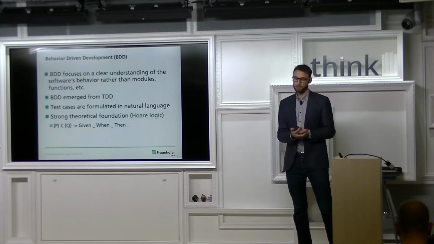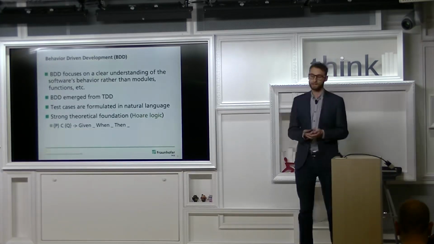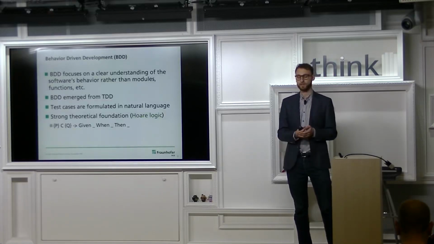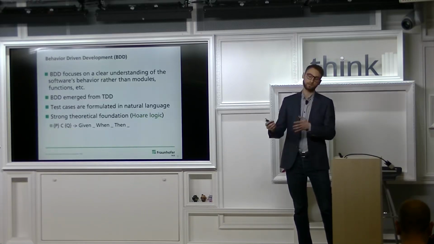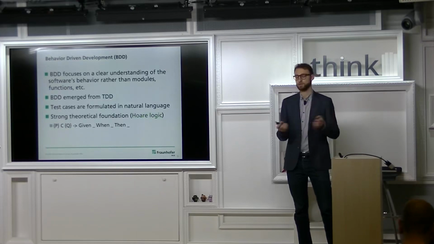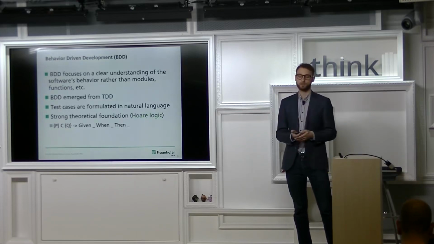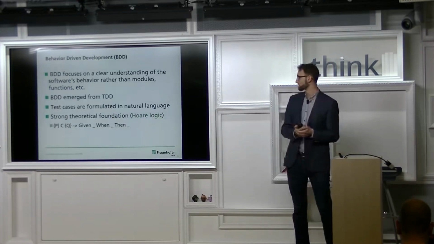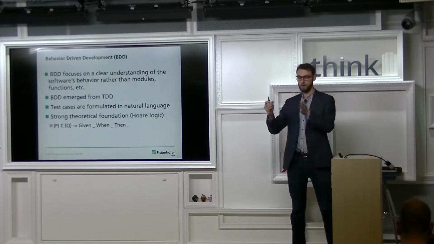Here on the bottom part of the slide, you can see the so-called Hoare triple, which is basically P C Q, where P is a set of preconditions and C is a command. If this command is executed with this set of preconditions, then Q has to hold. This is then expressed in natural language like given, when, then.